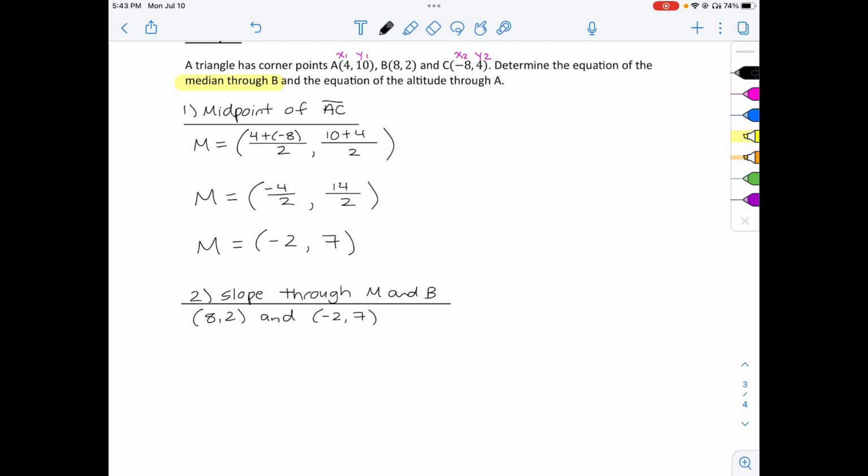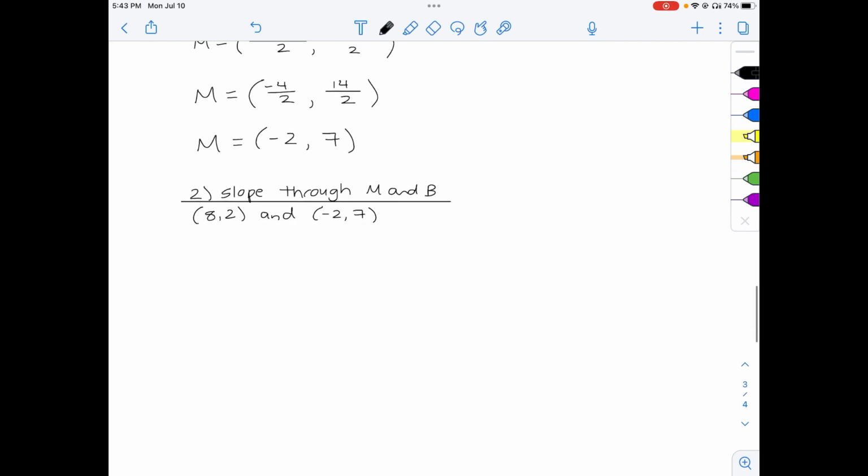We're using our slope formula, the lowercase m formula. So your slope is equal to y2 minus y1, so 7 minus 2, over x2 minus x1, so -2 subtract 8. Then we are evaluating. 7 minus 2 is 5, and -2 subtract 8 is -10.